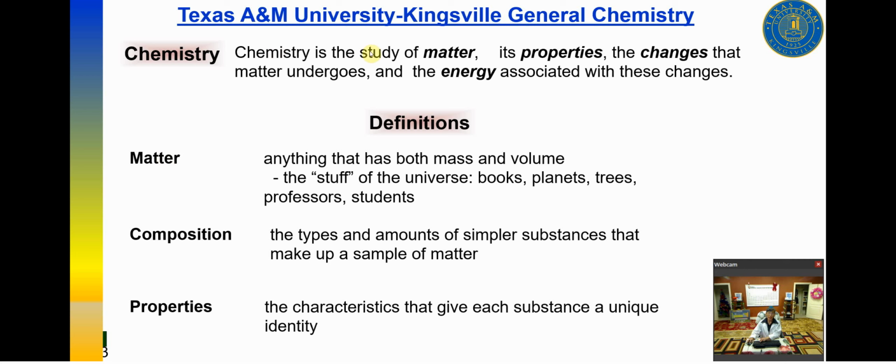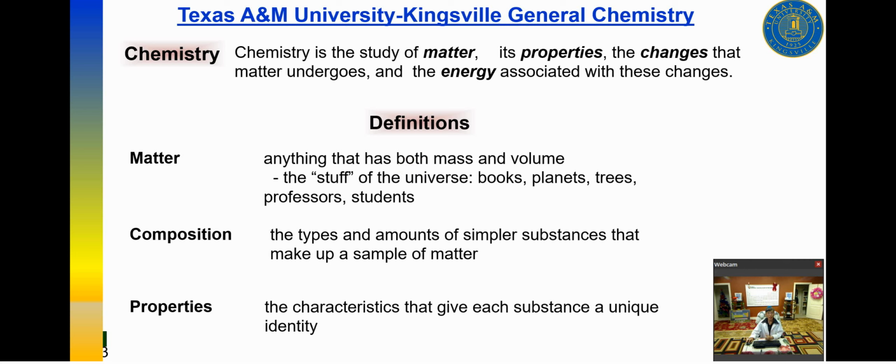Chemistry is the study of matter, the properties of matter, the changes that matter undergoes, and the energy associated with these changes. Matter refers to anything that has both mass and volume.